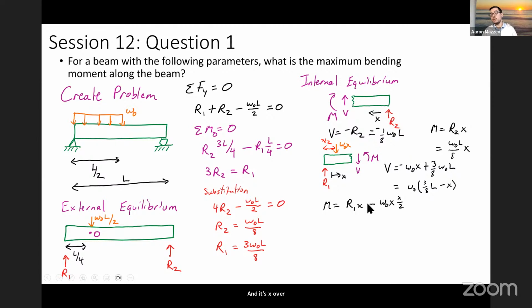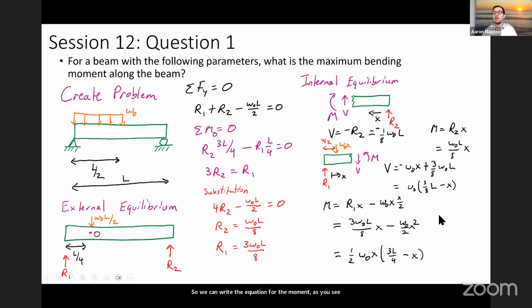Depending on how we work the problem, the slice is the location where the moment was taken. So we would have this positive M, plus this positive W naught X, which is X over 2 from here as well, and this minus R1 X. Then when you reorganize things, it came out like this. So we can write the equation for the moment, as you see here, and simplify it a little deeper.